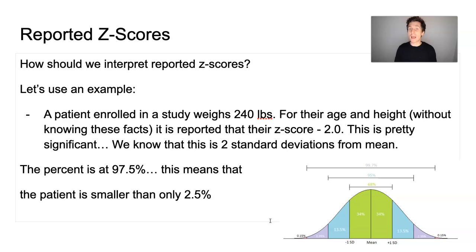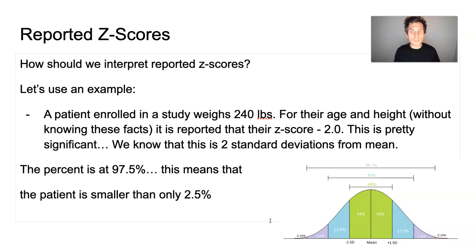We would know that the person in a population is 2 standard deviations away from the mean given that weight, age, and height. That would mean that of the entire population of people that have been weighed and measured, right, 97.5 percentile would mean that only 2.5% of the people are, say, smaller, shorter, younger.